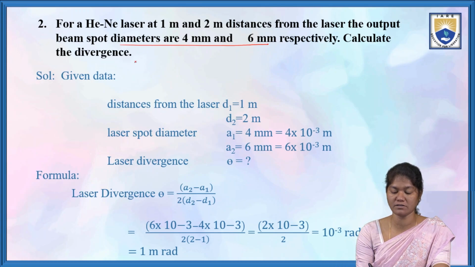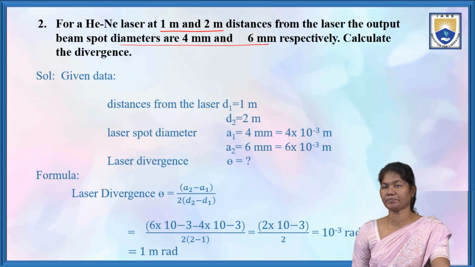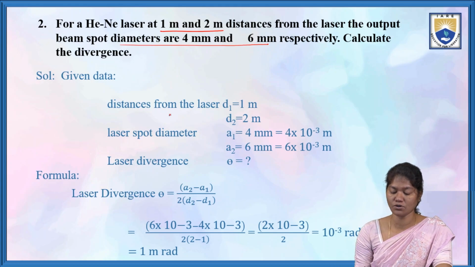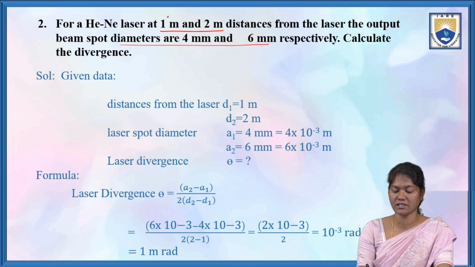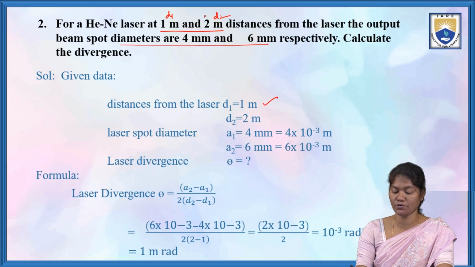So the given data in the problem is distances. So the distances from the laser, let it be D1 and D2. So D1 is equal to 1 meter, D2 is 2 meters.